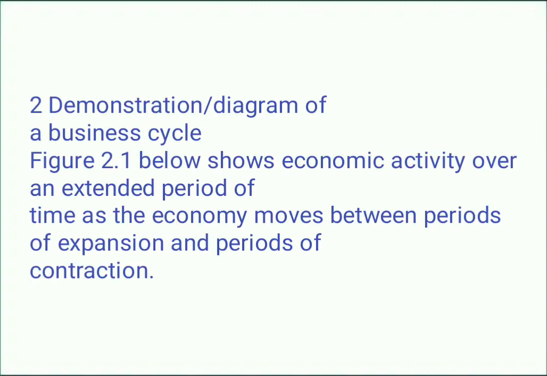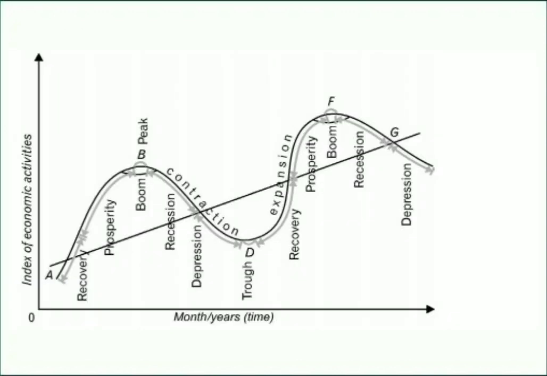Demonstration diagram of the business cycle. The figure below shows economic activity over an extended period of time as an economy moves between periods of expansion and periods of contraction. This is how it looks. As you can see here, it starts with recovery.